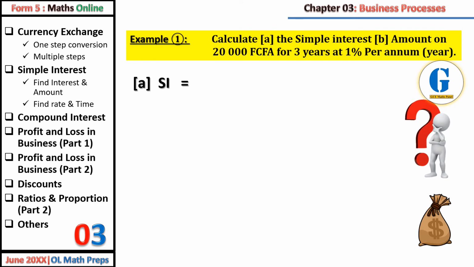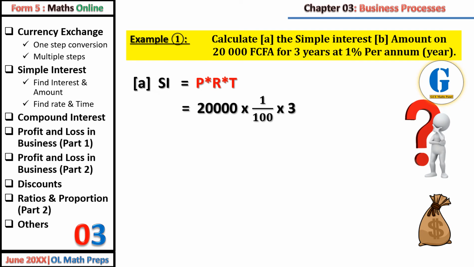So the A part requires us to calculate simple interest, and simple interest equals principal times rate times time. Note, do not put divided by 100 for rate, because rate is already a percentage. That simplification is done in elementary education because of their level and for simplicity. Do not do that in secondary and high school.